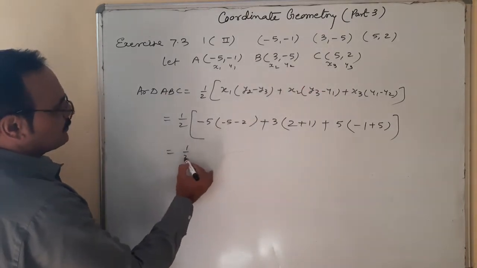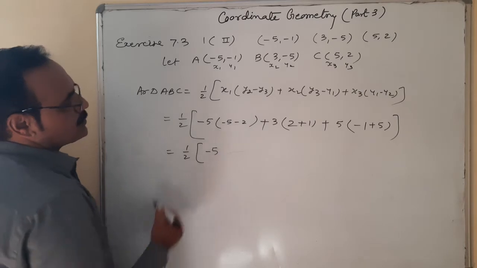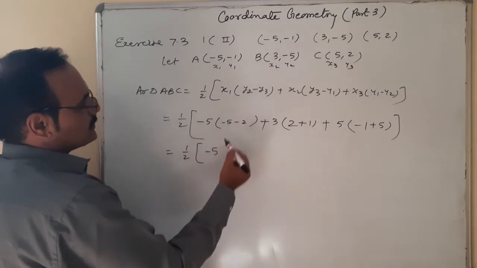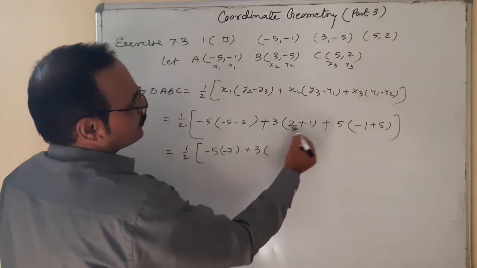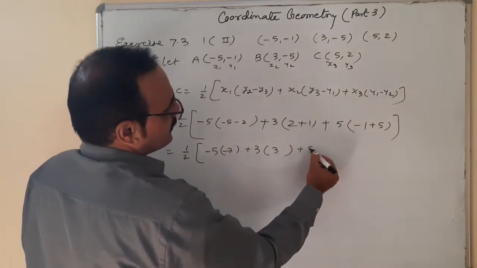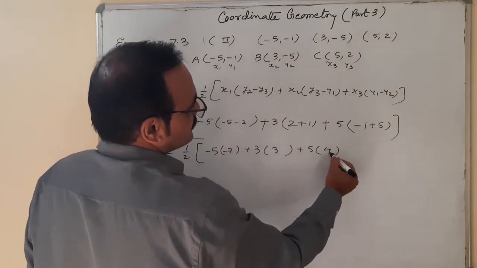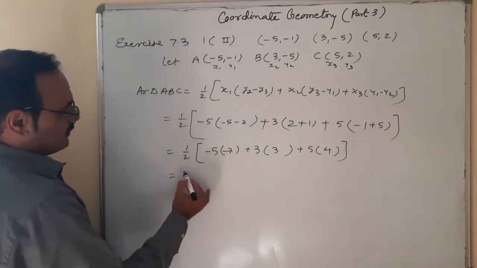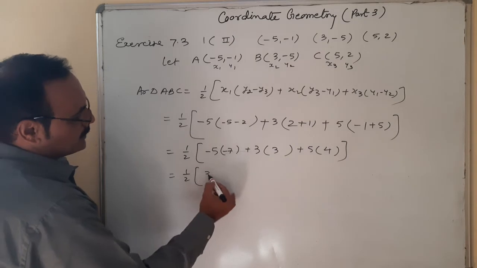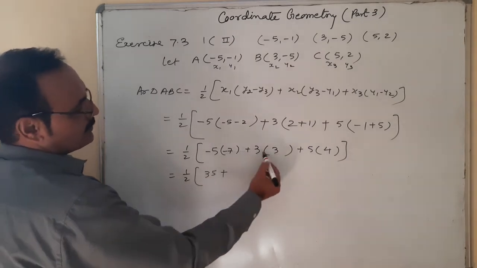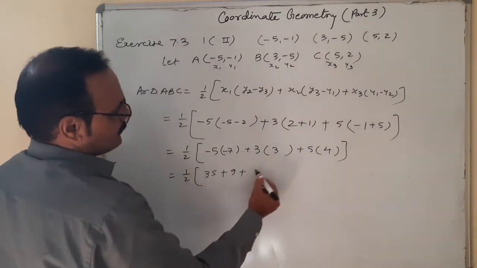1 upon 2, minus 5, solve the bracket: minus 5 minus 2 is minus 7, plus 3, 2 plus 1 is 3, plus 5, minus 1 plus 5 it is 4. 1 upon 2, 7 5 is 35, both are negative, sign is positive, plus 3 3 is 9, plus 5 4 is 20.